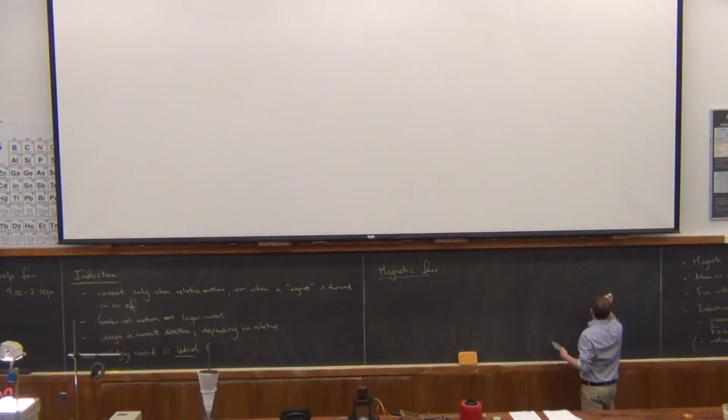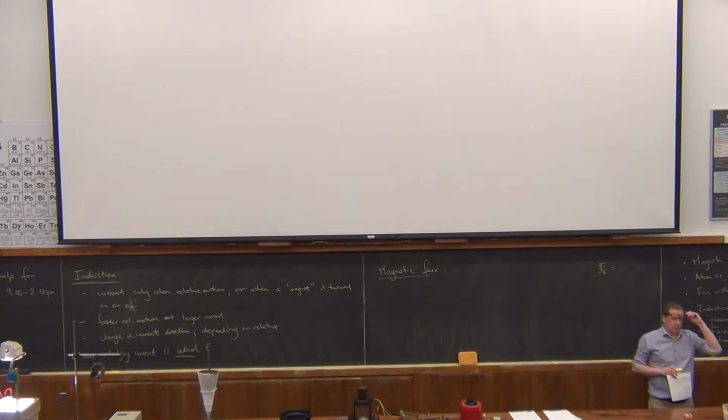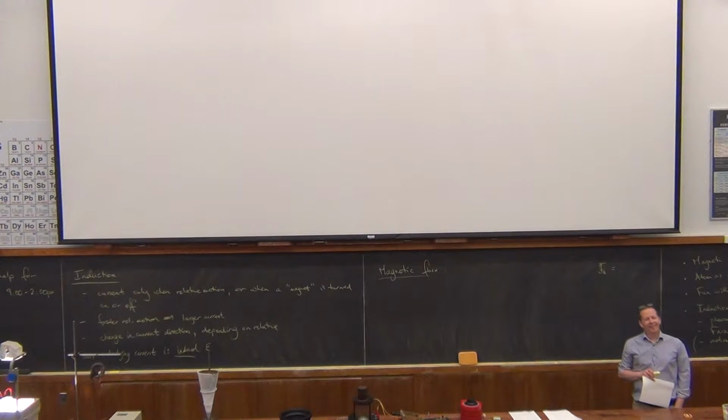How did we define electric flux a few weeks back? So give me a concise definition of electric flux, and it doesn't have to be through a closed surface. We're not yet talking about Gauss's law, just generically electric flux. That's all right.